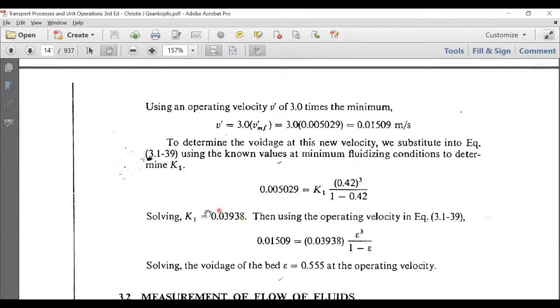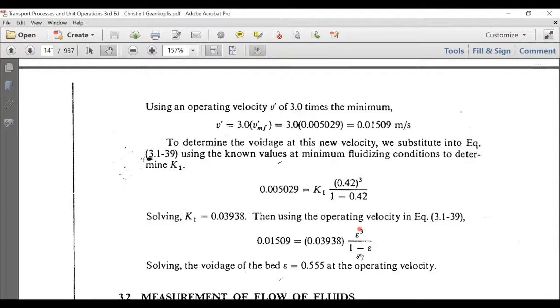By using this value of K1, I can put the operating velocity as V, and K1 I know from the previous calculations. Then I want to find this epsilon value.